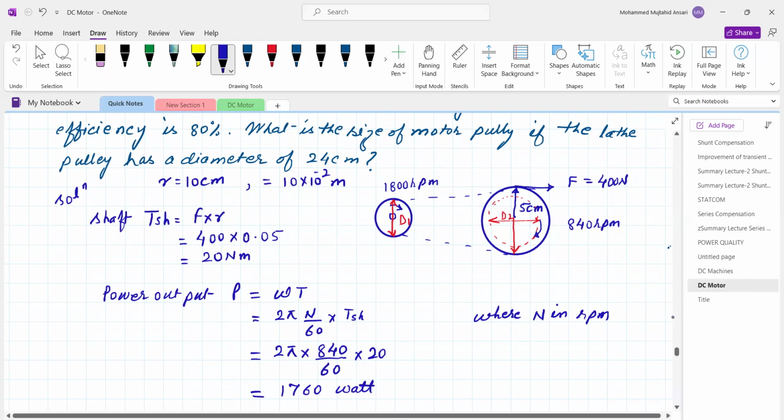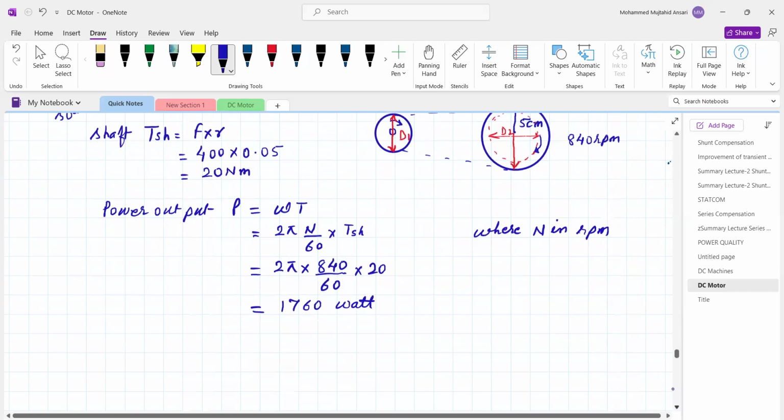Now here it is given that the efficiency is 80%.